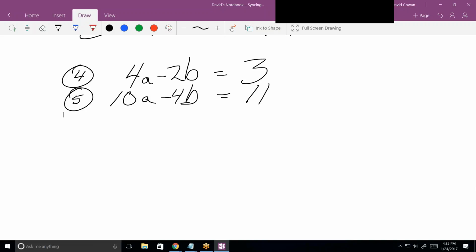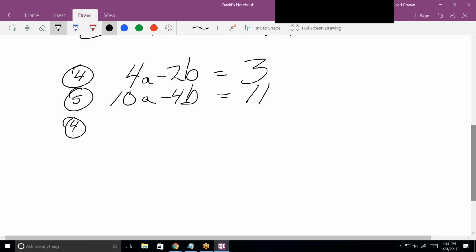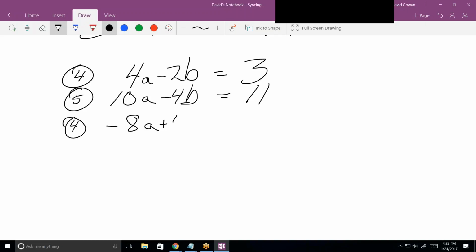Well, I can't eliminate a variable as it stands right now, but what if I take equation 4 and multiply every piece by minus 2? That gives me minus 8a plus 4b equals minus 6.